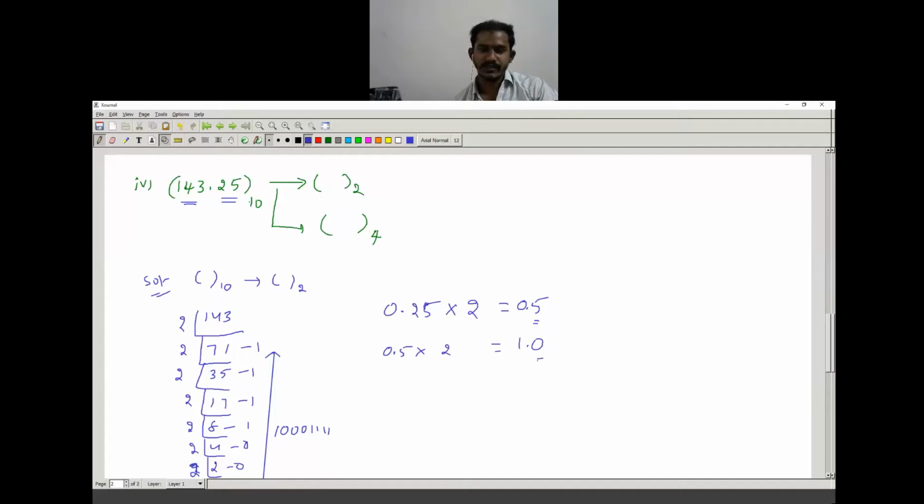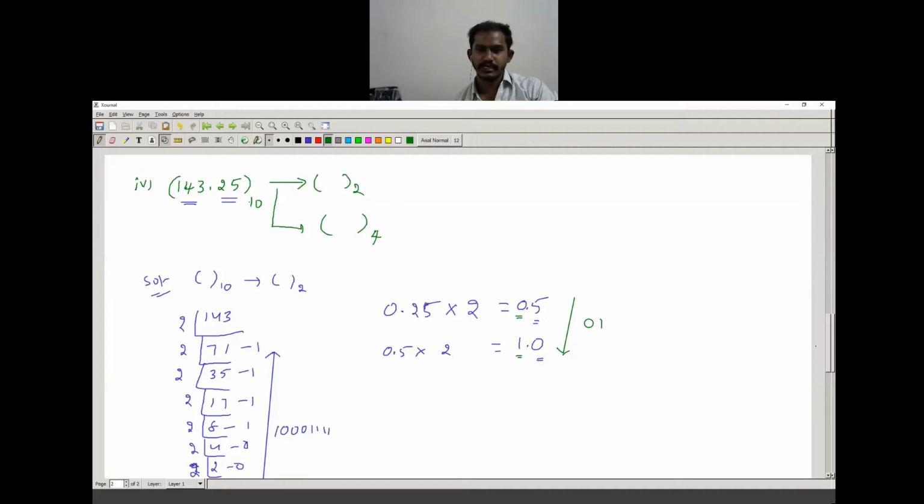Here the fraction part is 0, so you need not do the multiplication again. Since the fraction is 0, you stop and just take these integer values in the same order, that is 0 1.